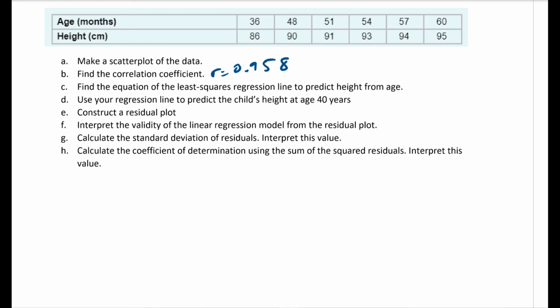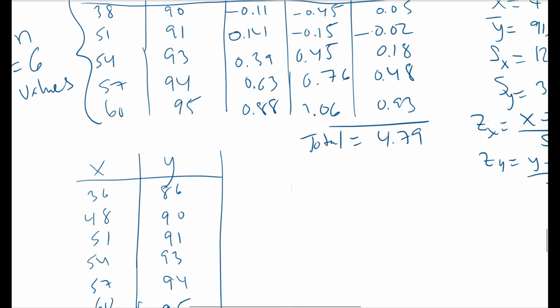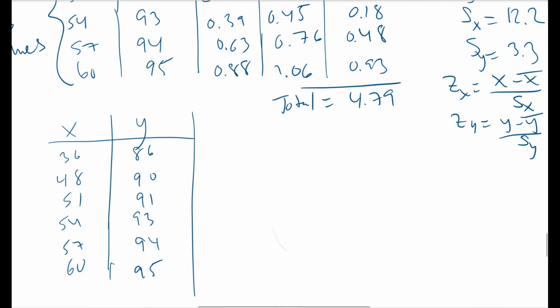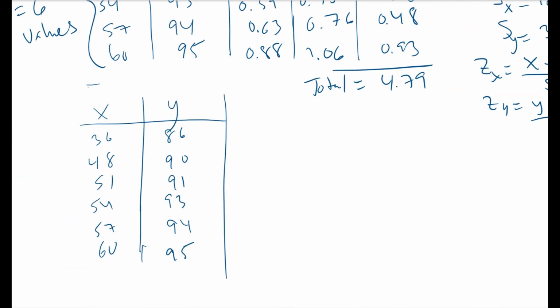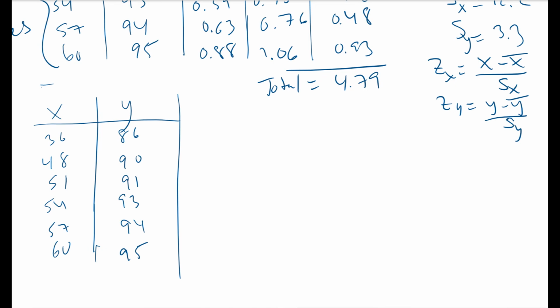So find the equation of the least squares regression line to predict height from age. All right, so if we want to figure out the equation of the least squares regression line, we're going to use this table over here to do that, by the way. Let me move this out to the side.